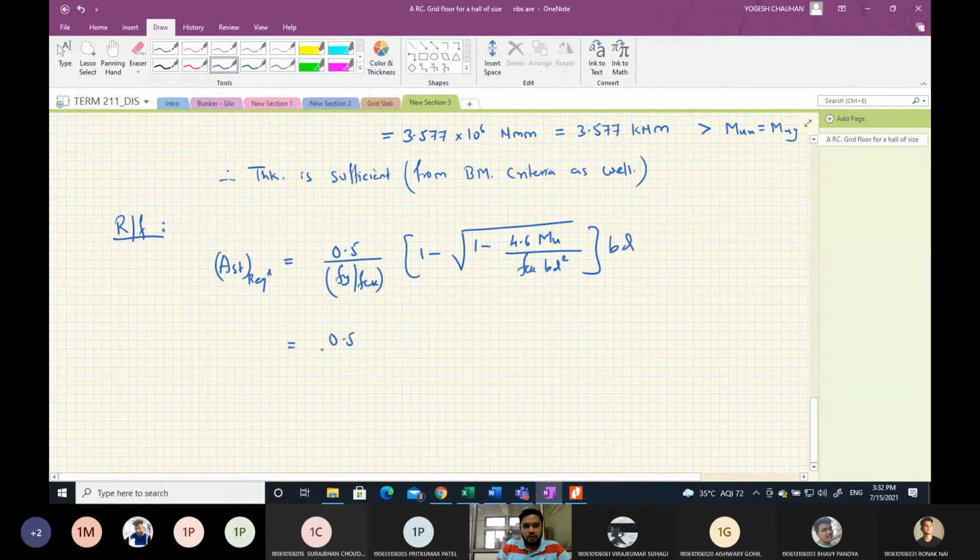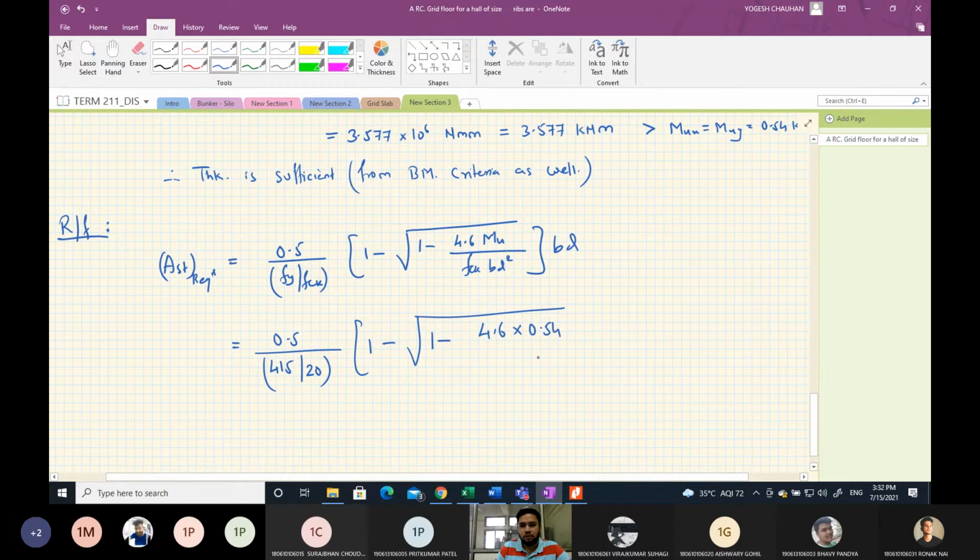So that will be 0.5 into 20 divided by 415 into 1 minus square root of 1 minus 4.6 into Mu, that is 0.54, the design moment, into 10 to the power 6 to convert it into Newton mm, divided by 20 into 1000 into 36 square, whole multiplied by 1000 into 36.